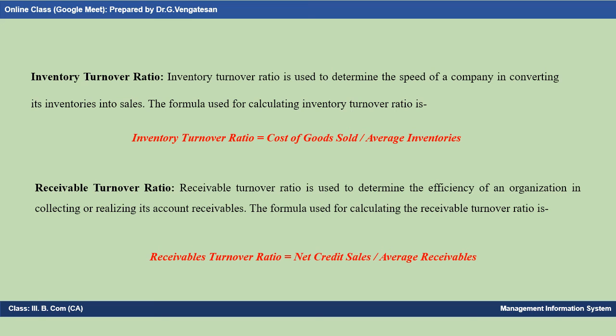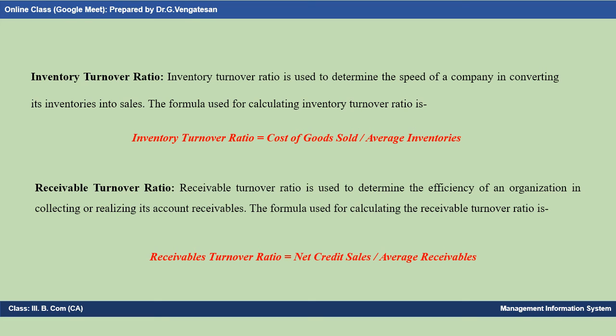These are the other names for inventory turnover ratio. This ratio indicates whether investment in inventory is efficiently used or not. So whether the investment made on the inventory is efficiently used or not is calculated under inventory turnover ratio.